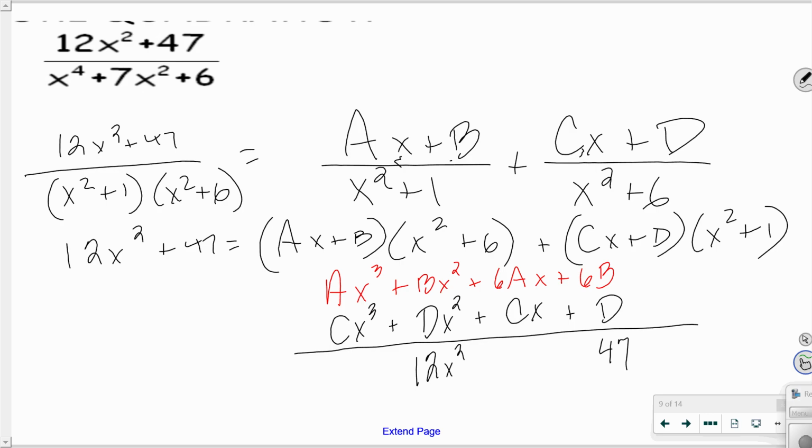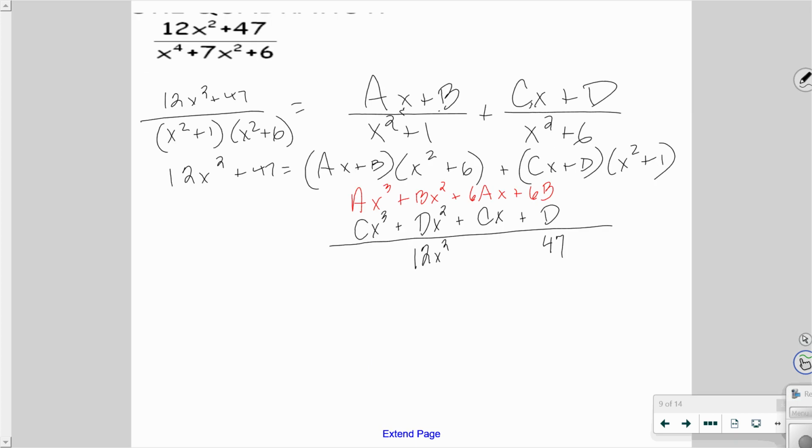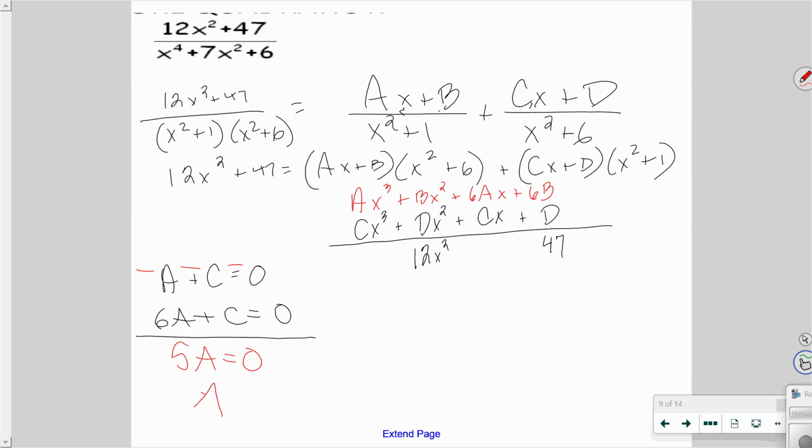Again, if you don't believe me, you're going to do a system. You're going to say A plus C has to be 0. You're going to say 6A plus C also has to be 0. So you're going to say, okay, I'm going to multiply it by a negative. I'm going to get 5A has to be 0. A has to be 0.